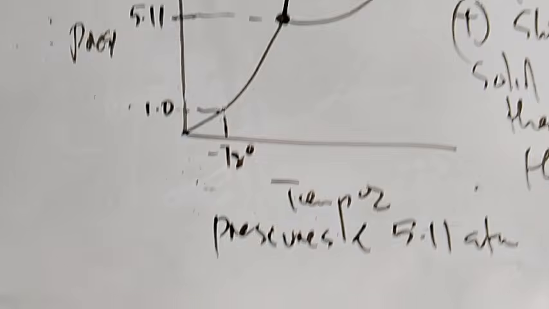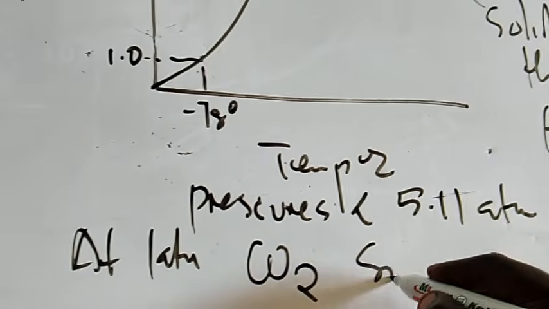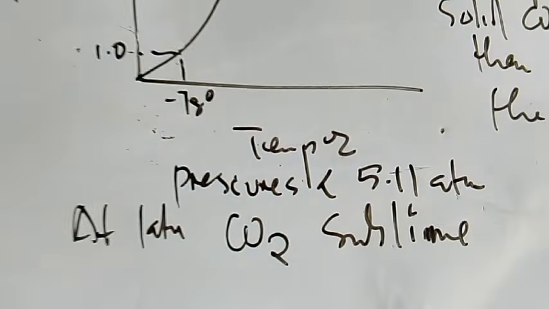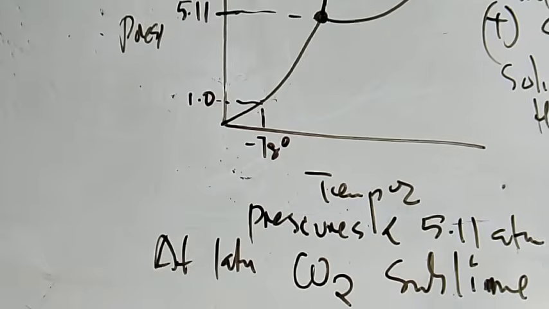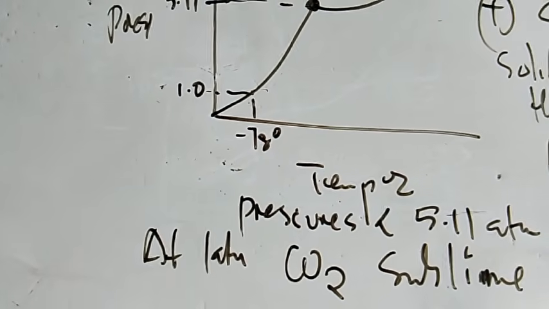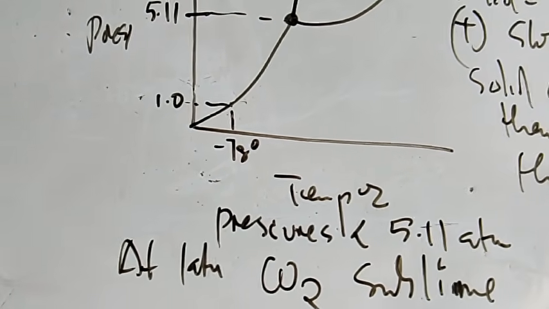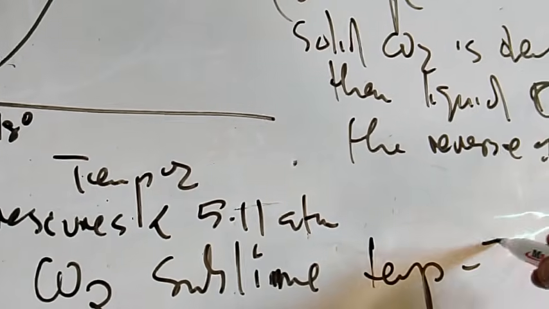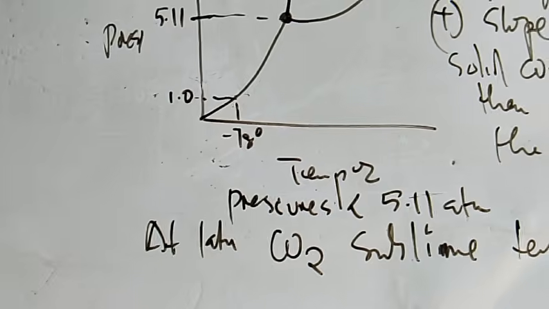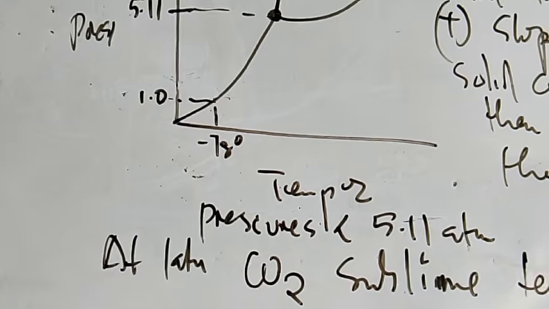So that means that at 1 atm carbon dioxide undergoes sublimation, at a temperature, you can see here, of negative 78 degrees Celsius.